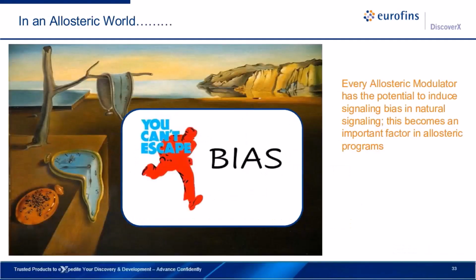Finally, as I mentioned earlier, all allosteric compounds that modify signals can and probably do induce bias. And so you will actually change the quality of efficacy of your natural signaling just by putting in an allosteric compound.